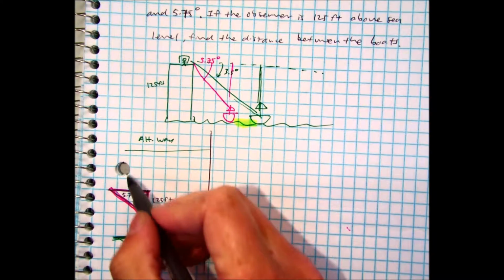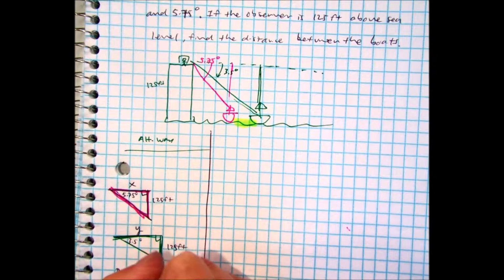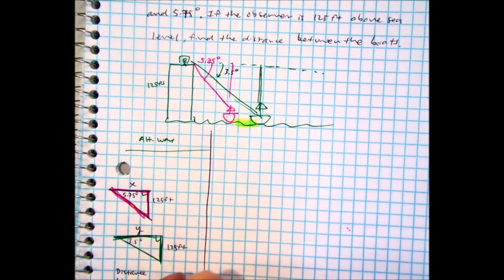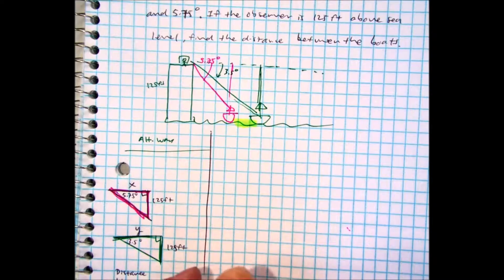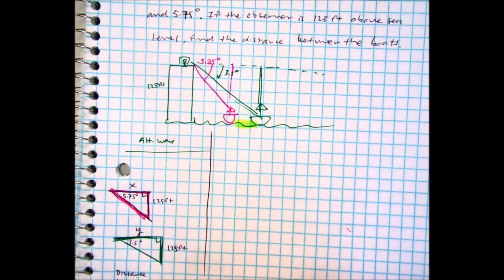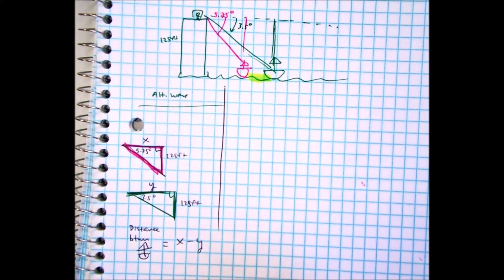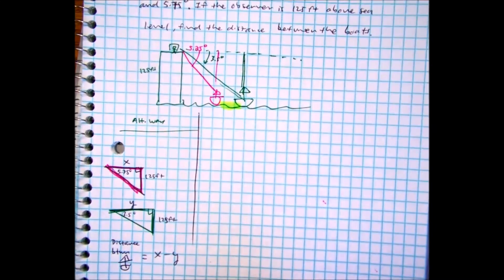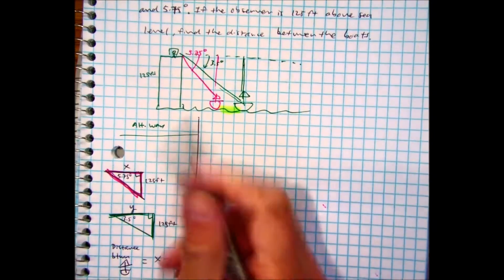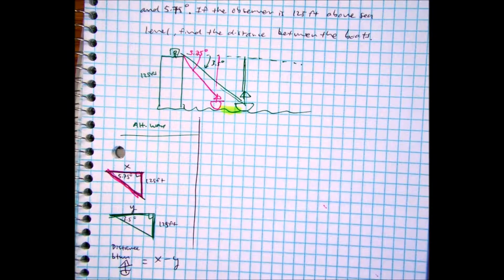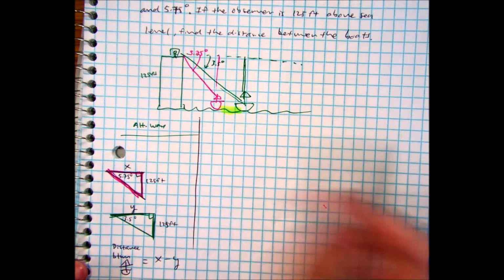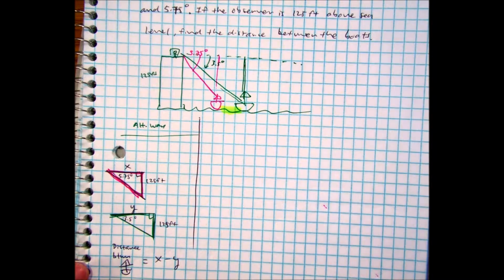And then at the very end, the distance between the boats is equal to X minus Y. So this is an alternative way that you can solve the problem. But I'm going to show you guys what I did from yesterday.